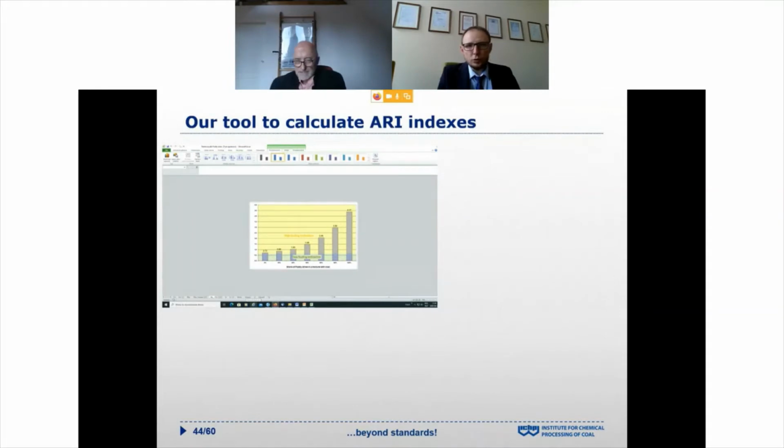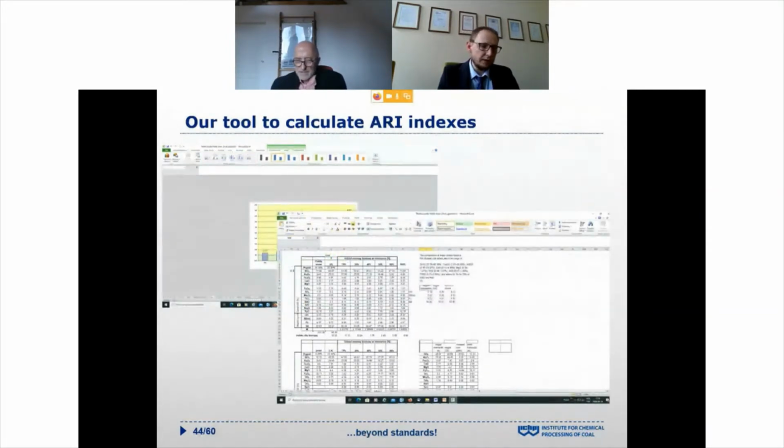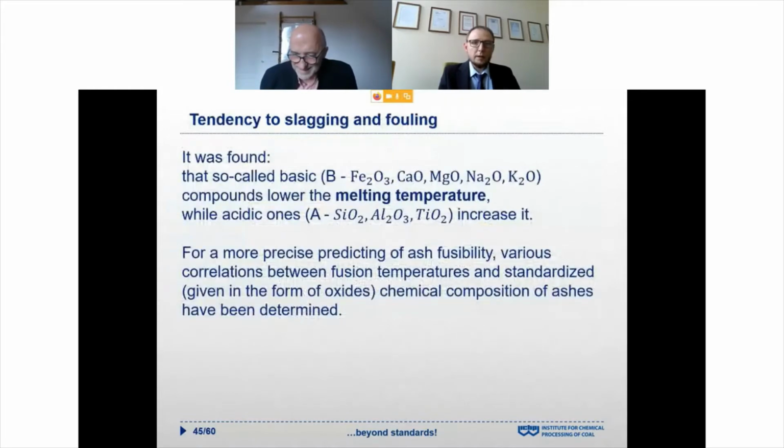We have a tool to calculate ash-related issues indexes. It was done by ourselves. We have such experience, so we can also provide some support on this issue. But now let me explain in a simplified way the tendency if we consider the ash composition.